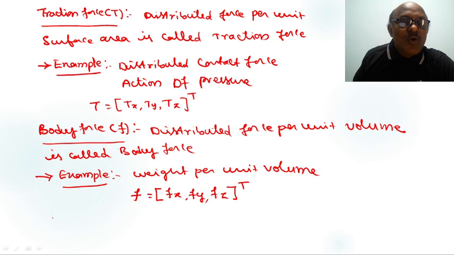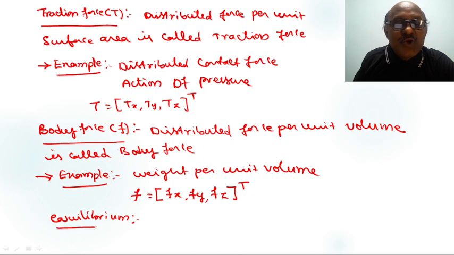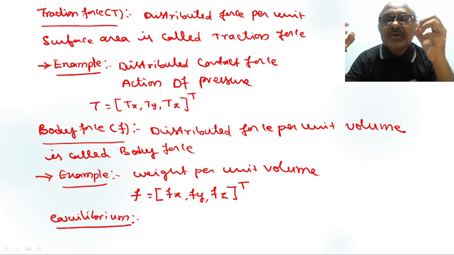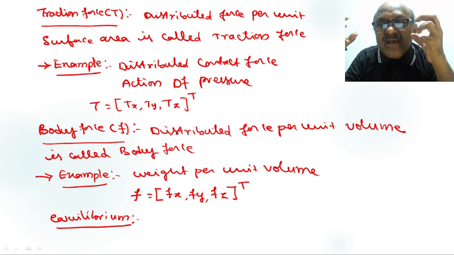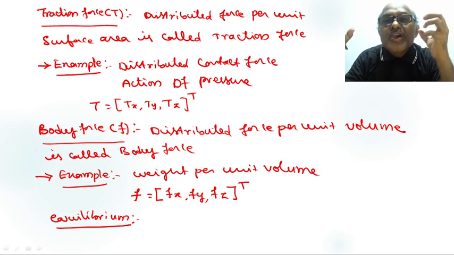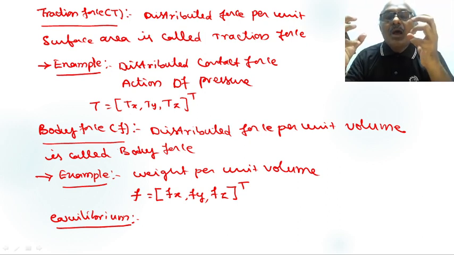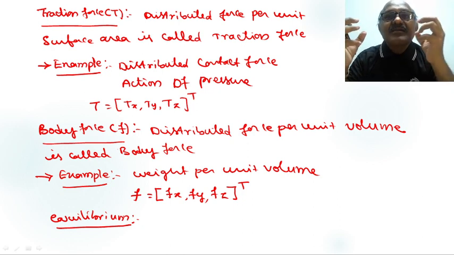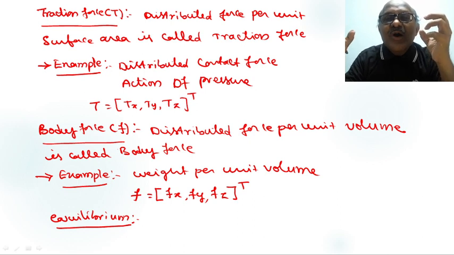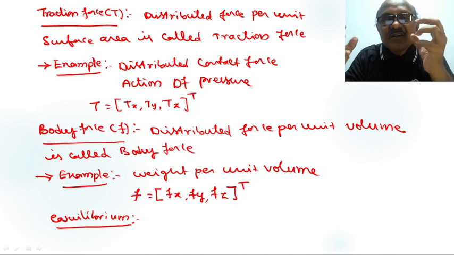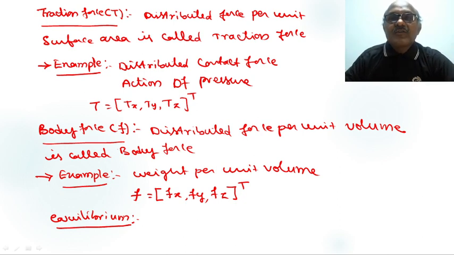See, my dear students, what is meant by equilibrium? Here our concept is stress and equilibrium. A body is said to be in equilibrium condition when the algebraic sum of forces in x-axis direction is equal to 0, the algebraic sum of forces in y-axis direction is equal to 0, and the algebraic sum of forces in z-axis direction is equal to 0.